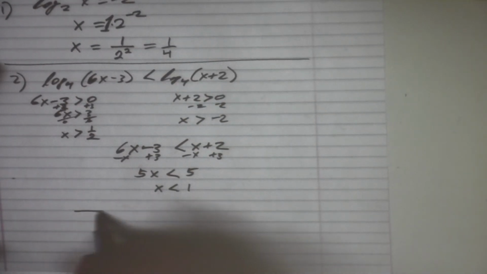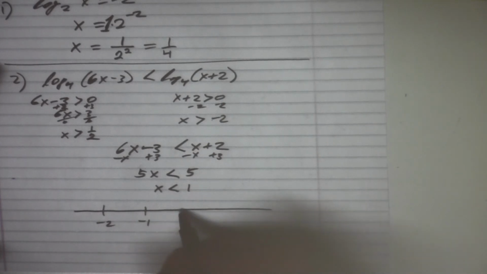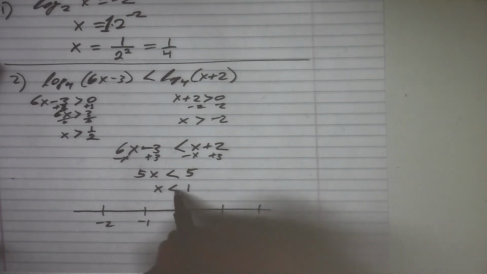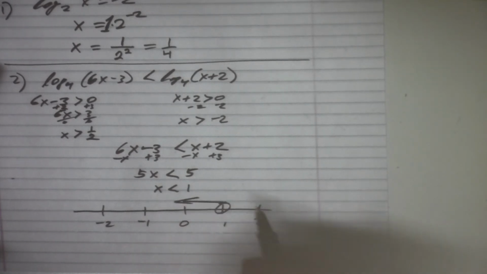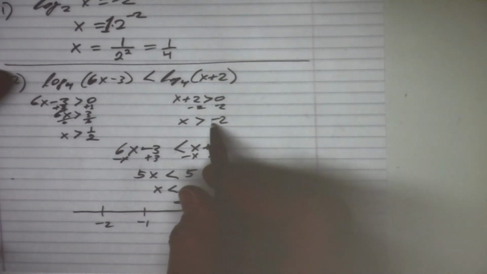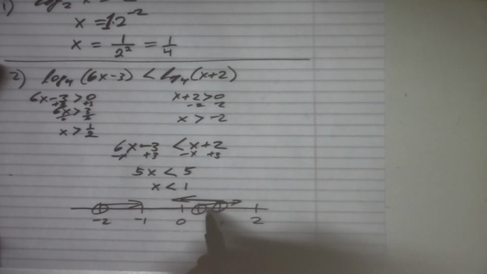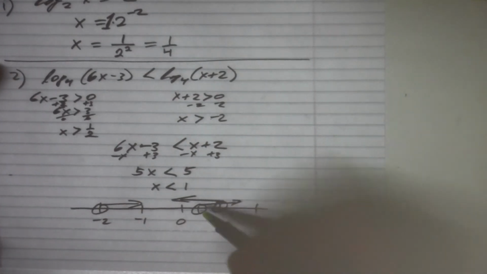So let's see what we get. We have negative 2, negative 1, 0, 1, 2, and so on. Less than 1 is going that way. Greater than 1/2 is going this way. Greater than negative 2 is going that way. Because the 1/2 is going that way, we are pretty much stuck with just this area here.